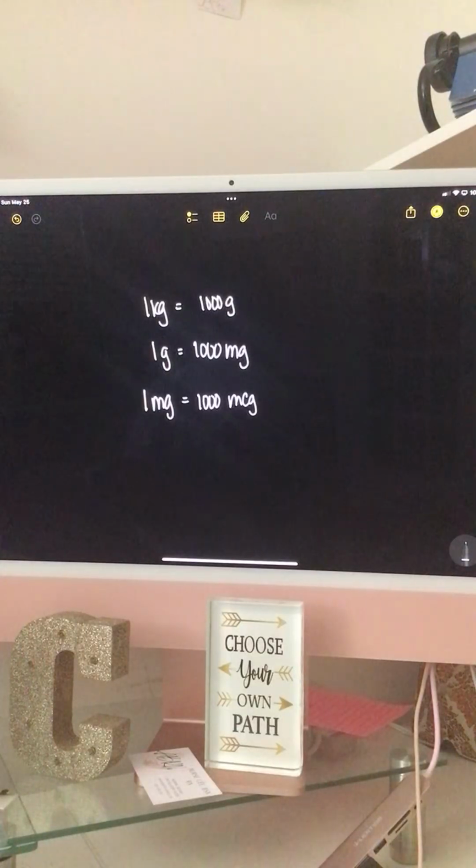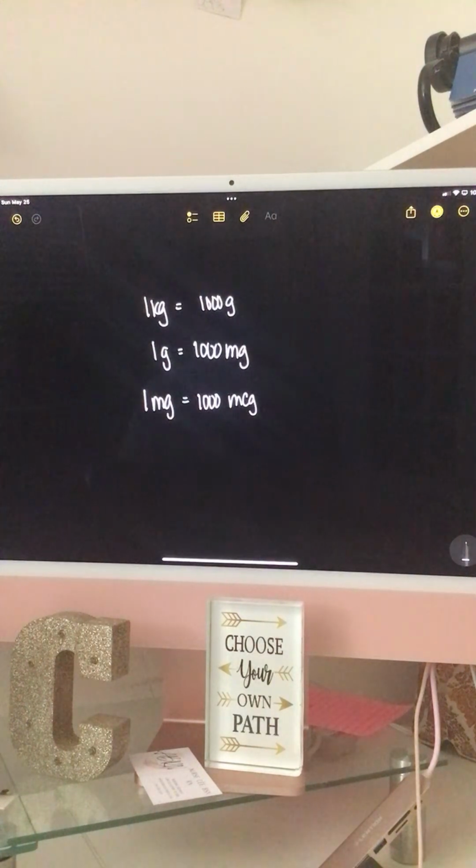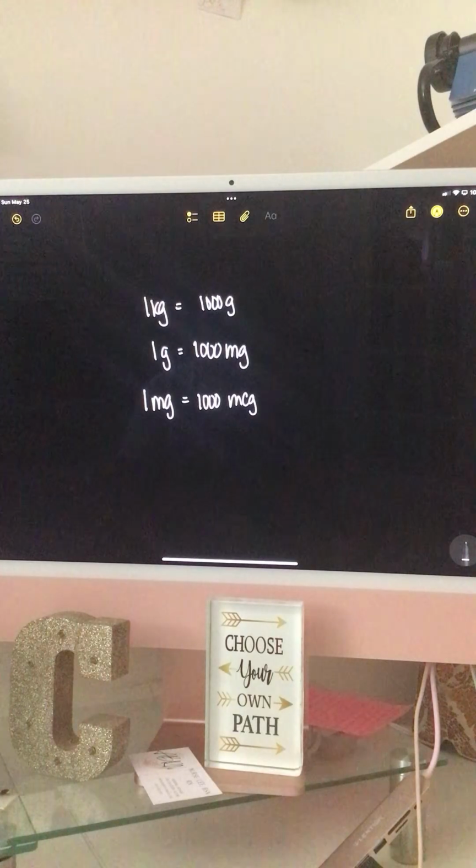So 1 kilogram is 1,000 grams. 1 gram is 1,000 milligrams. 1 milligram is 1,000 micrograms. You see how they're all separated by a factor of 1,000? 1 to 1,000, 1 to 1,000, 1 to 1,000. The 1 goes by the bigger of the two units of measure. You need 1,000 little pieces to come together to make one big piece. Make it make sense for you?